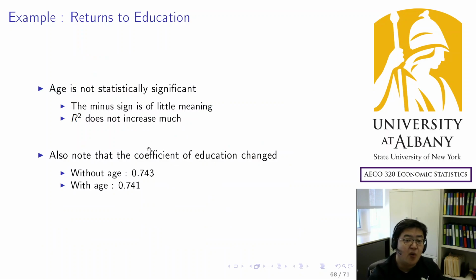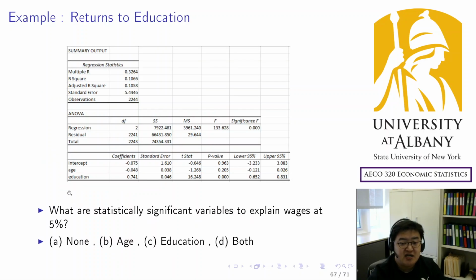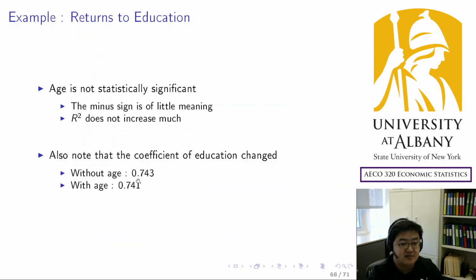However, what's annoying here is that including age affects all the other coefficients. So the education coefficient is actually different. Earlier, the coefficient of education was 0.743, but now it's 0.741.